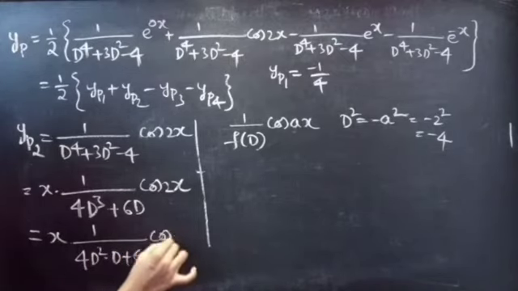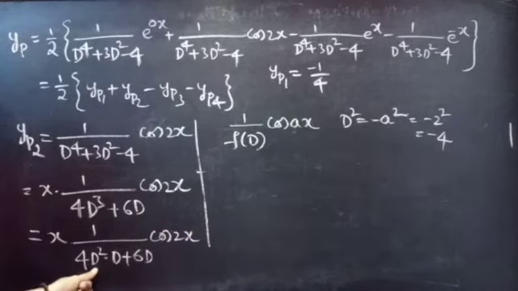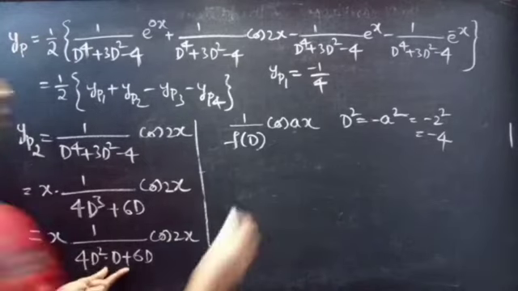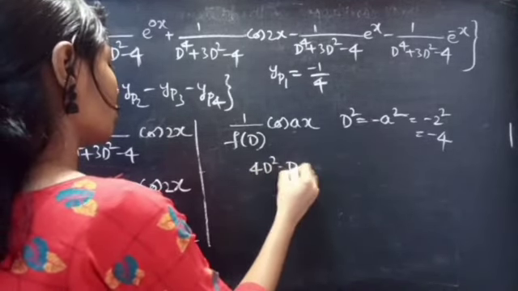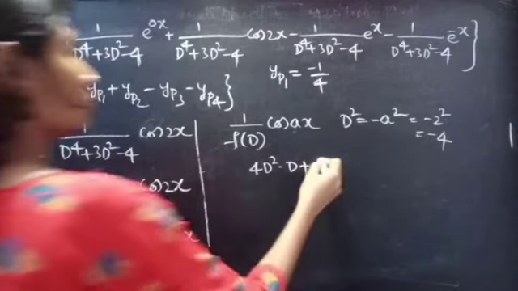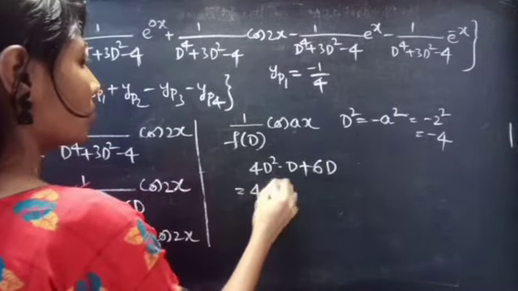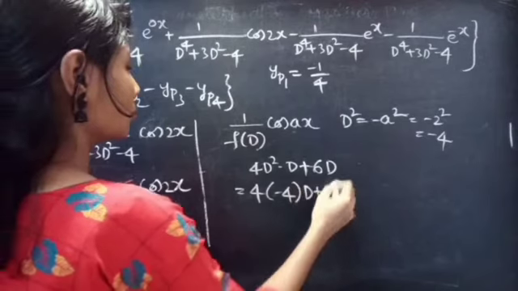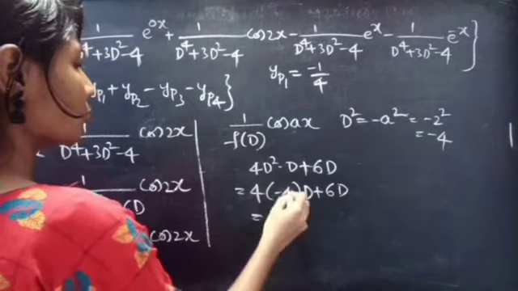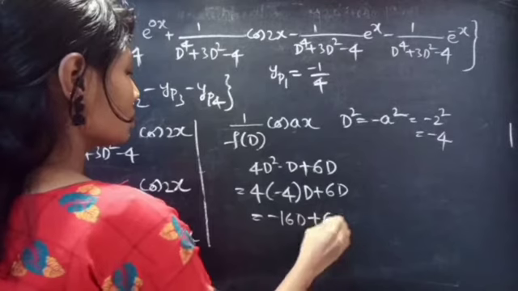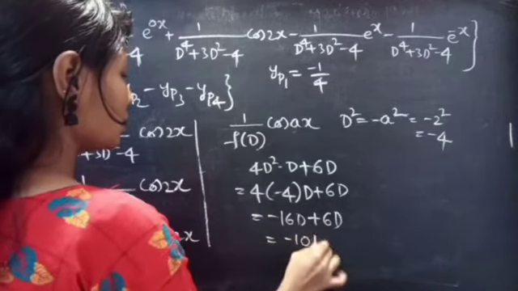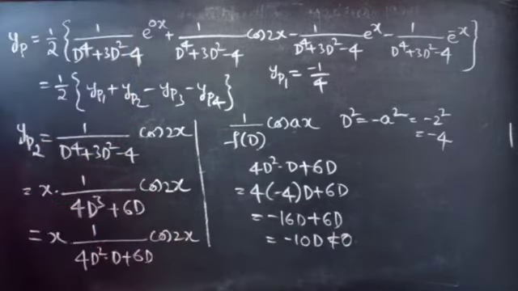Now, again d square appears in the denominator. So what we have to do? We have to replace d square by minus 4 and see what happens. The denominator must be non-zero. Okay, let's take the denominator part and replace d square by minus 4. We'll get 4 into minus 4 is minus 16d plus 6d, which is equal to minus 10d. Non-zero. Since it is non-zero, we can replace d square by minus 4.